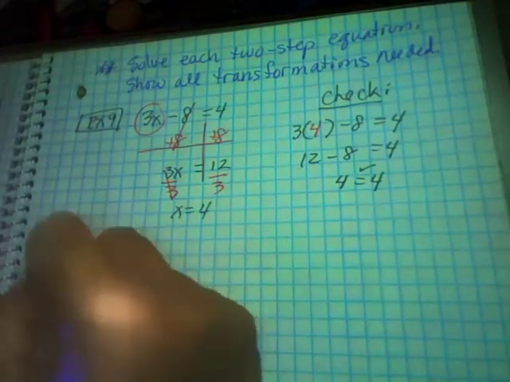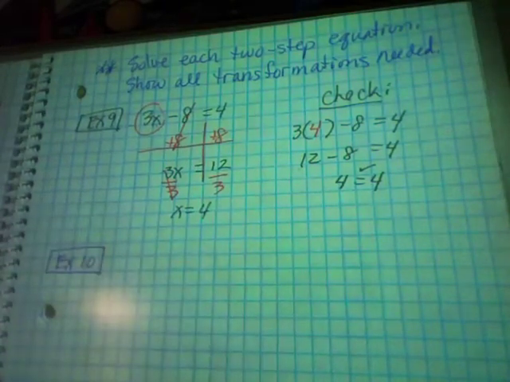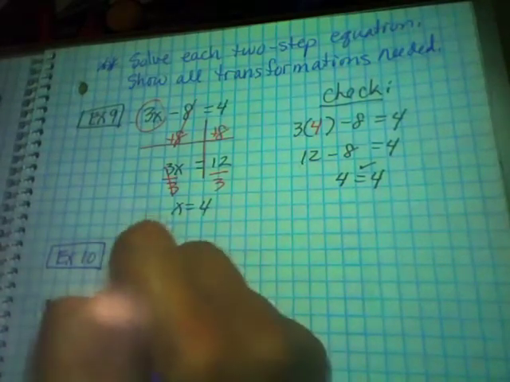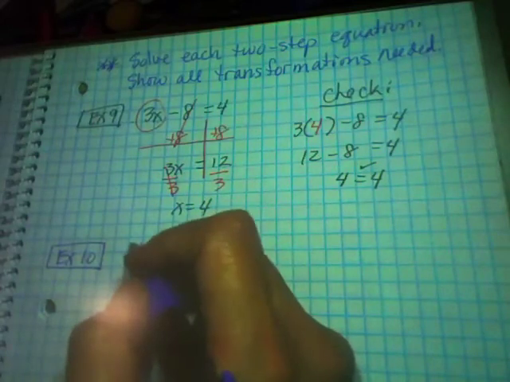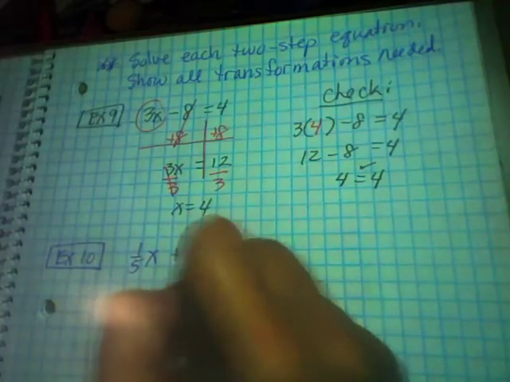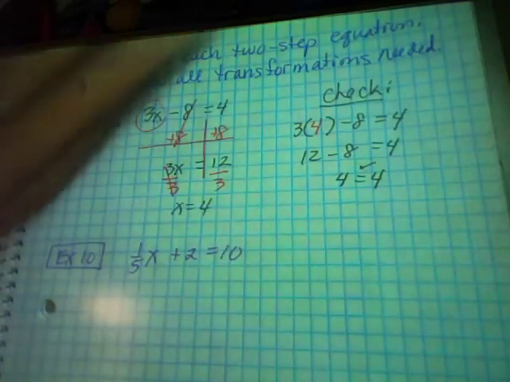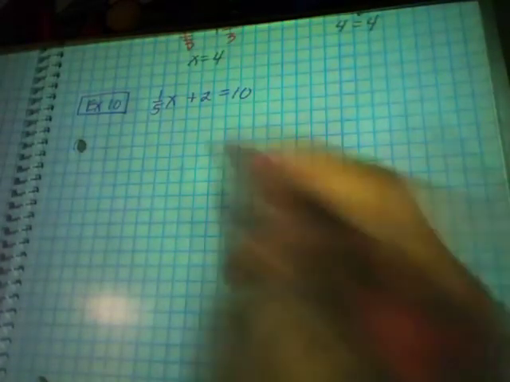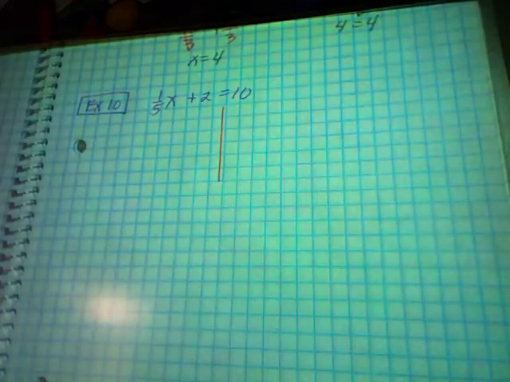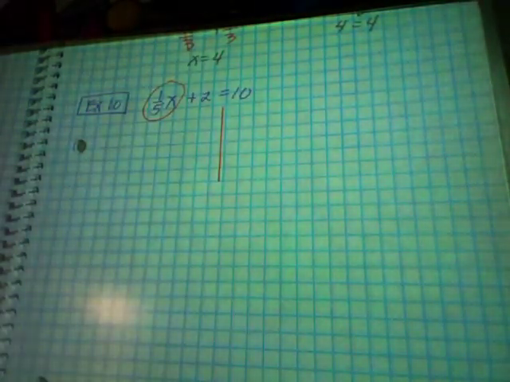All right, so example 10. This time we have 1/5 x plus 2 equals 10. So again, note your left and right side of your equal sign. This is what you're trying to get by itself. Solve it.